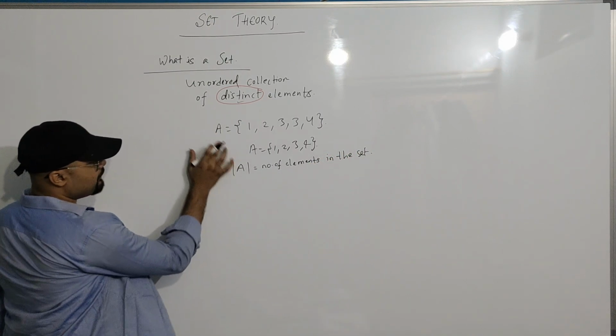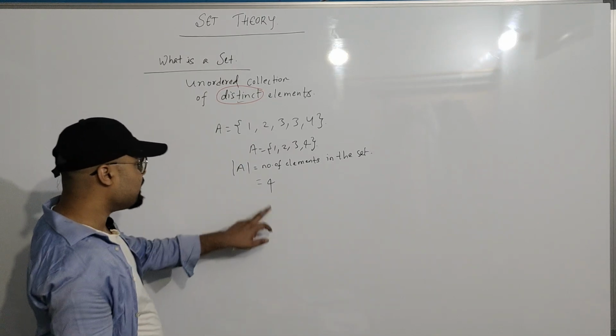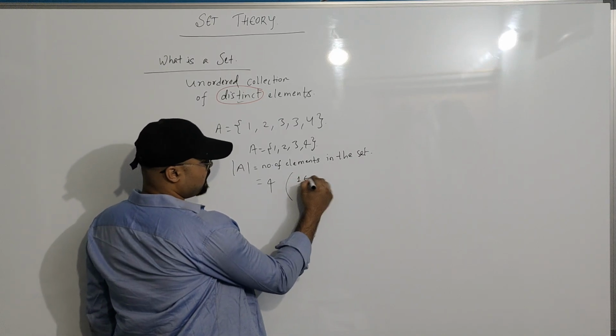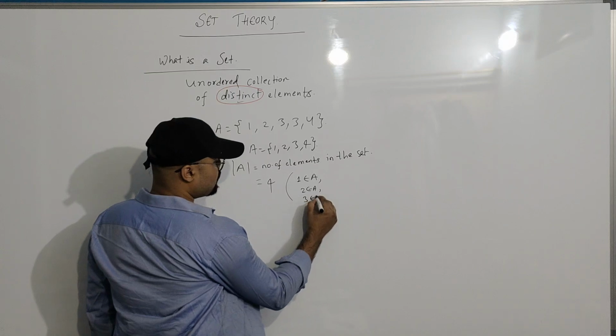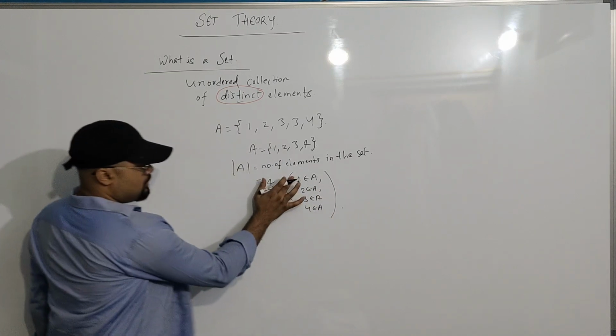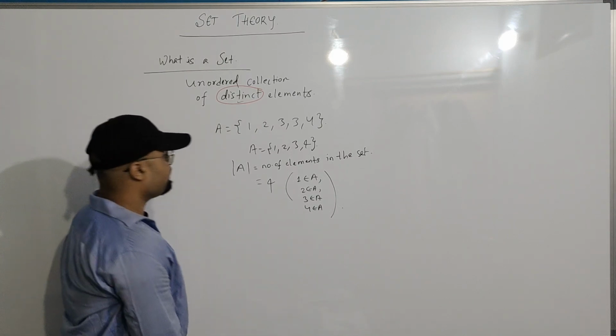So cardinality of A is 4. And what are the elements of A? 1 belongs to A, 2 belongs to A, 3 belongs to A, and 4 belongs to A. Because these are 4 elements, cardinality is 4.